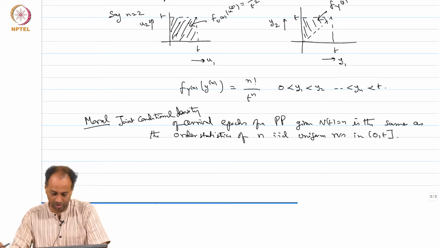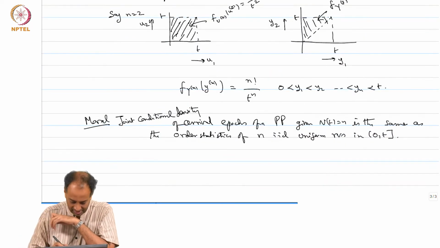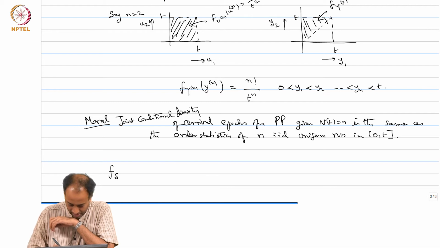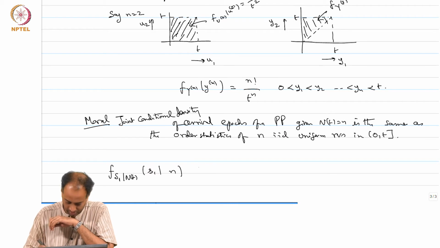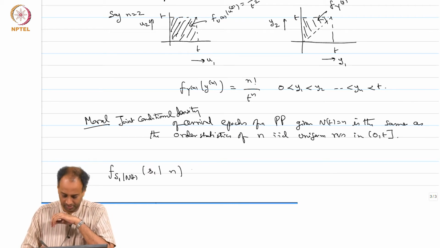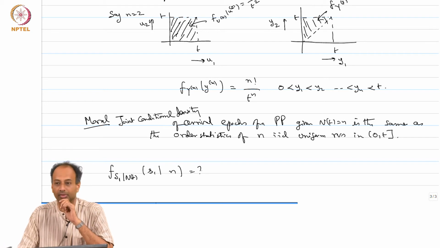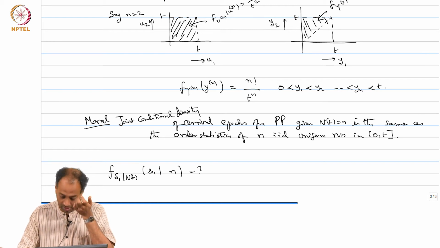Now, you can calculate things like this, f of S1 given N(t) equal to n. How can you calculate this?